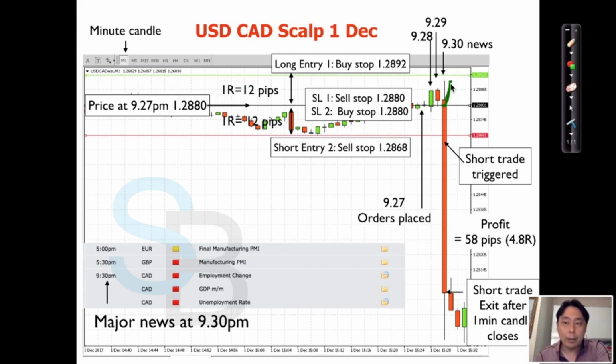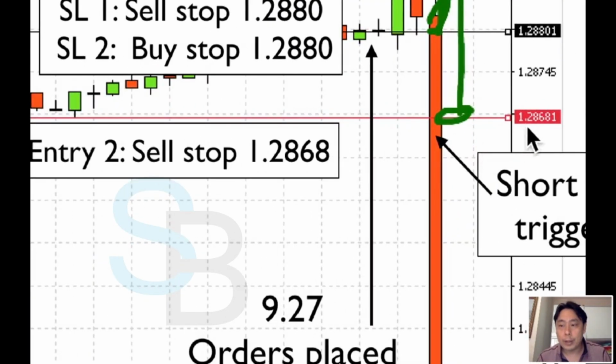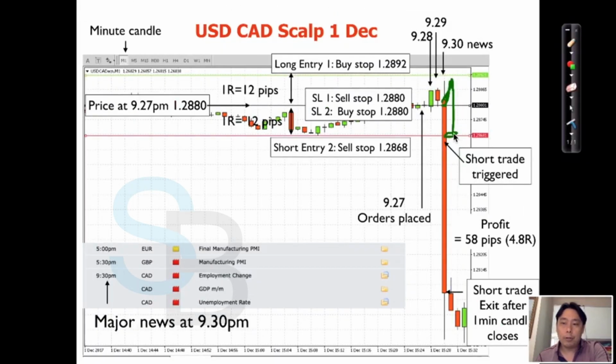It went up slightly, as you can see, and then came down, boom, and it hit 2868, which is my sell order. There you go, 2868, right? So it triggered at 2868 and then went down, and the candle closed there. So 1 minute later, the candle closed over there. So what did I do? Immediately, I shifted my stop loss, which is 2880 on the short trade. I shifted my stop loss here.